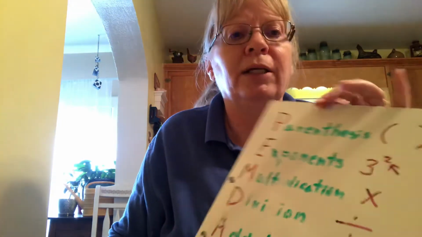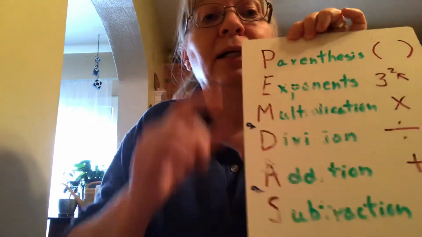On the last page, it's talking about the order of operations. It doesn't get as far into that. Okay, the true order of operations is, whoops, oh, well, that just smeared, but anyway, it's called PEMDAS.